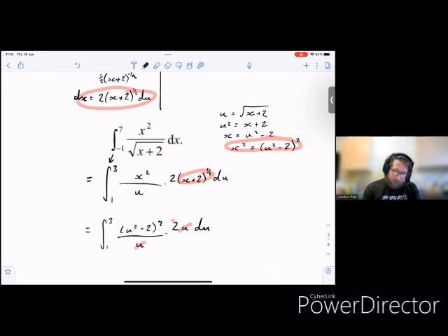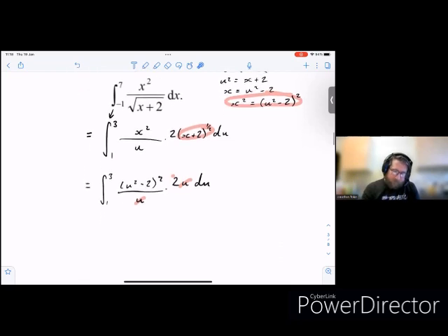Brilliant. Now, what I'm also going to do, this 2 is multiplying the whole thing. I'm going to take that 2 out. Any common factor that's just a number, you can take out of the integral. So this all becomes 2 times the integral between 1 and 3 of u squared minus 2 squared du.